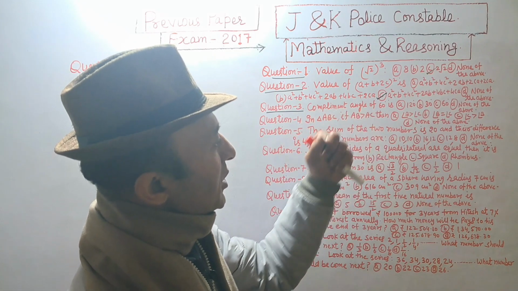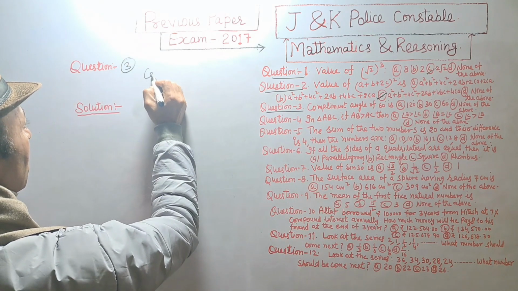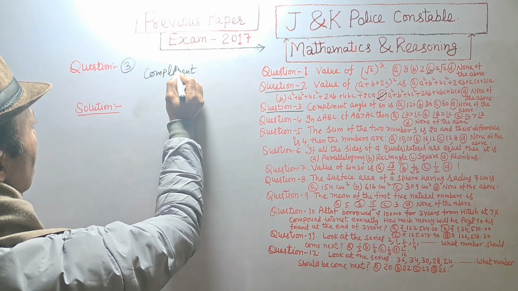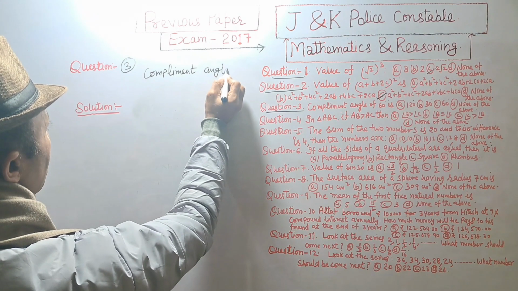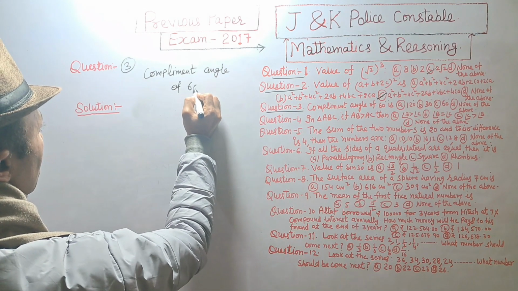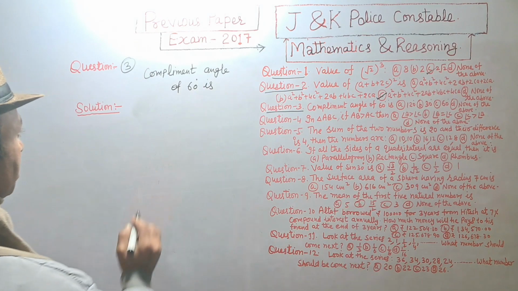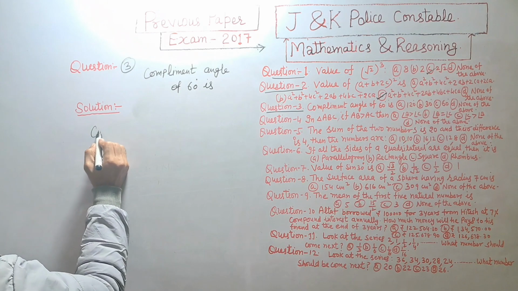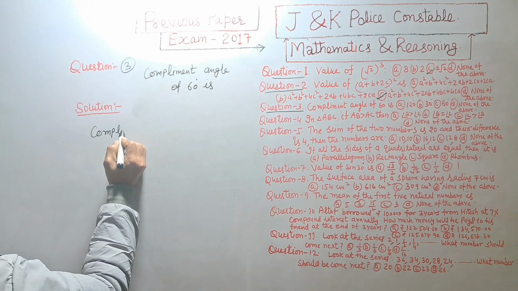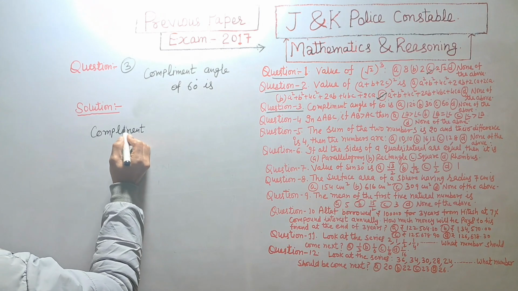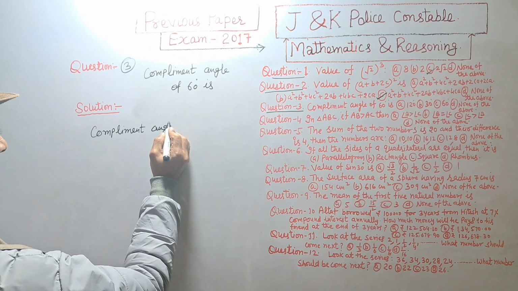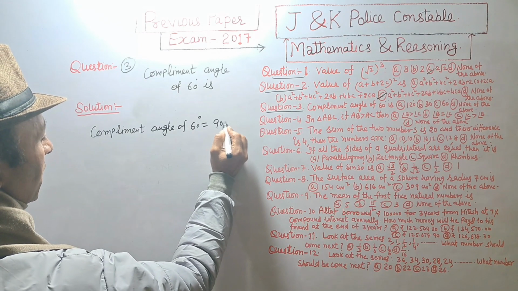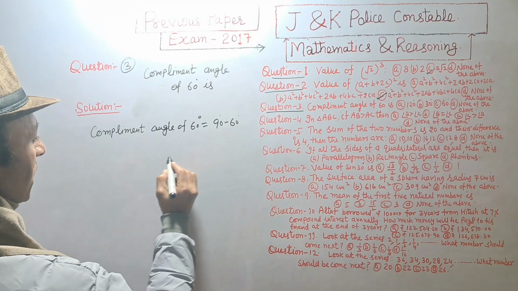Complement angle of 60 degree is. Complement angle of 60 degree is equal to 90 minus 60 degree.